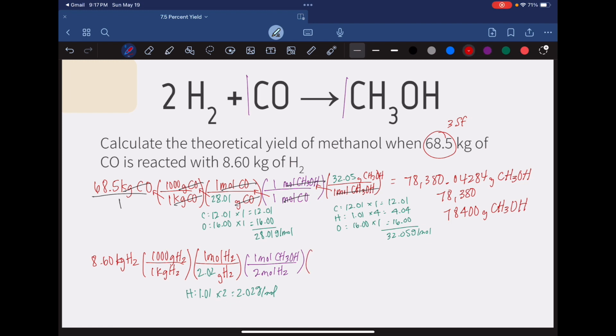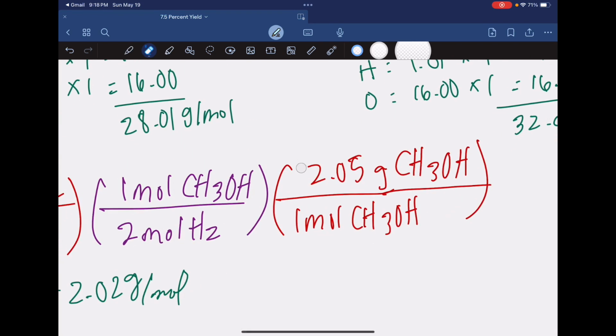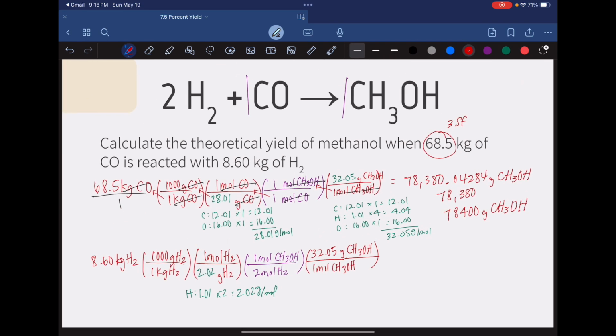Fortunately, we already did the math for the molar mass. So 1 mole of CH3OH and 32.05 grams of CH3OH is at the top. That 3 does not look very good, so let me erase it and redraw it for you. To make sure everything cancels, let's pretend this is over 1.